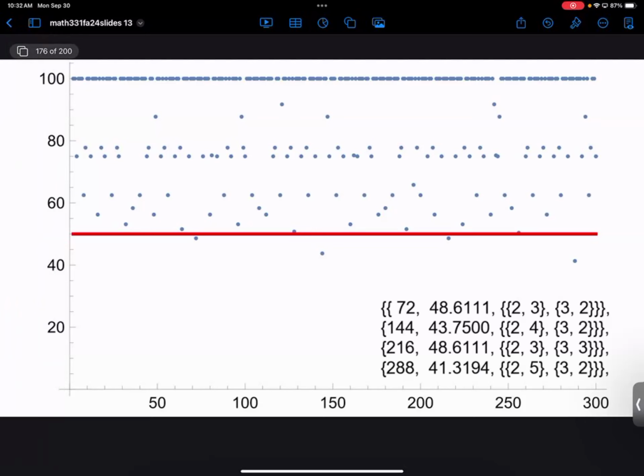So what do you notice about 72, 144, 216, and 288? Okay, they are multiples of 24. Good, what else? You can be stronger than just multiples of 24. They are multiples of 72.